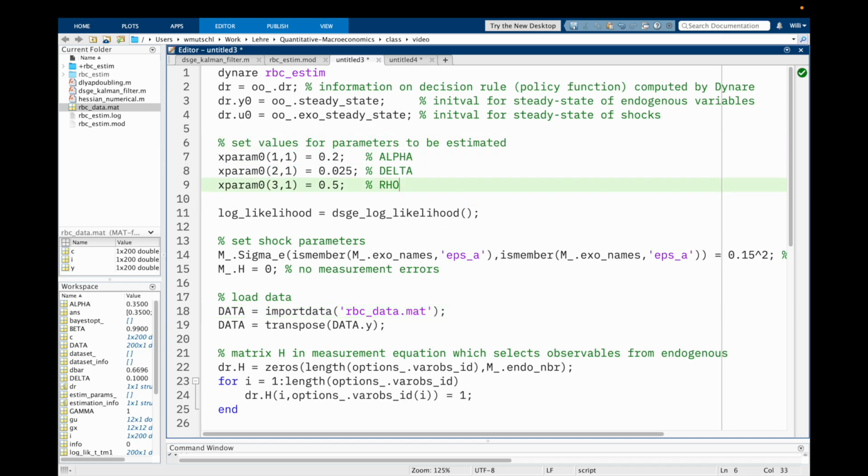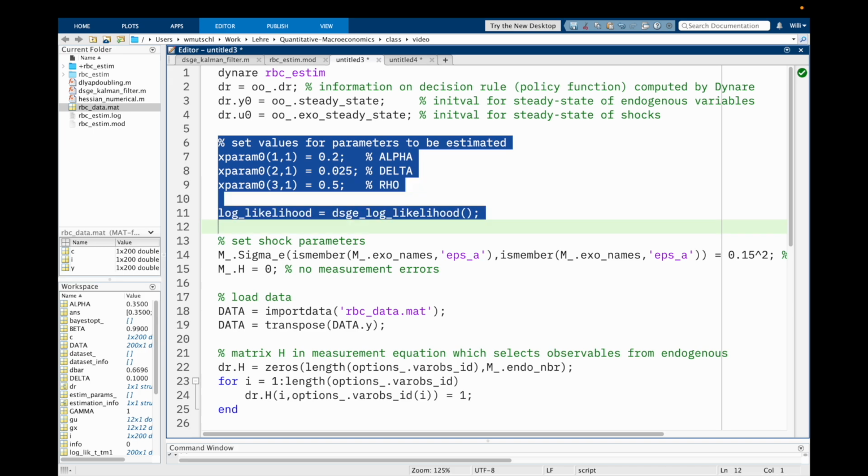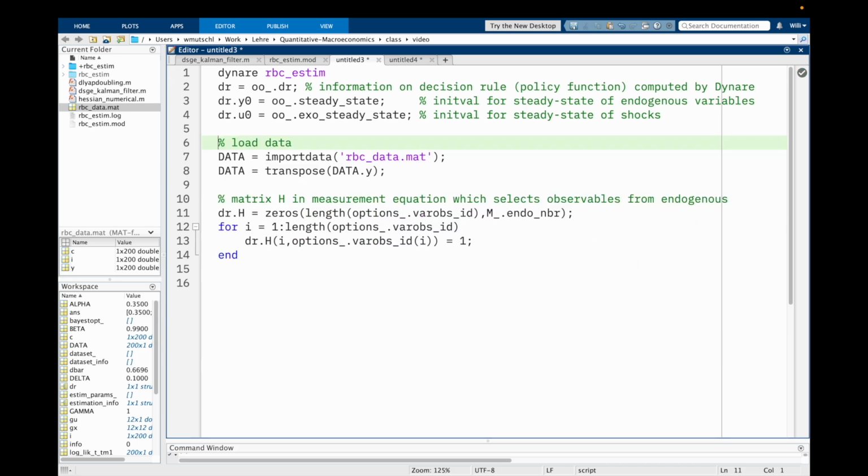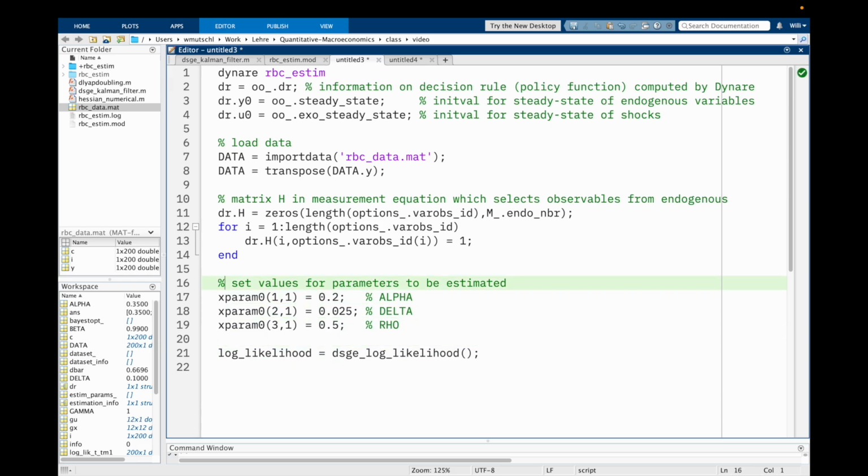So let me again reorganize myself a little bit. I'm going to load in the data. The selection matrix is always the same. And here I'm going to provide initial guesses, or initial values, for parameters I'm interested in.